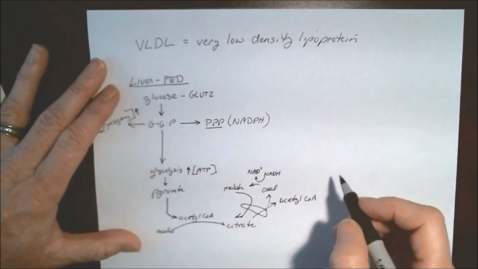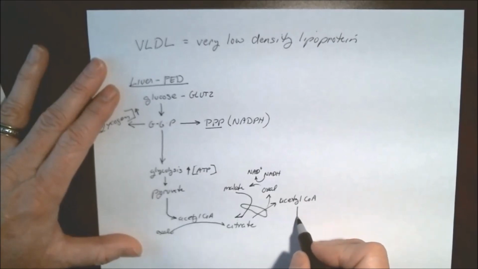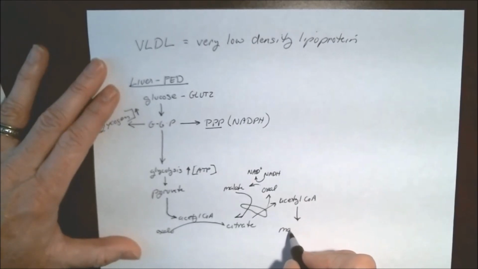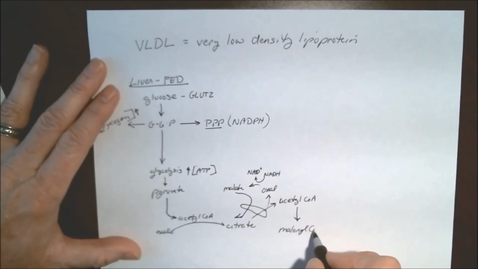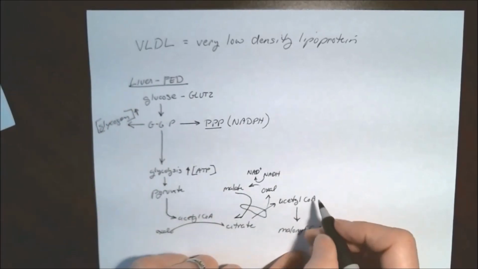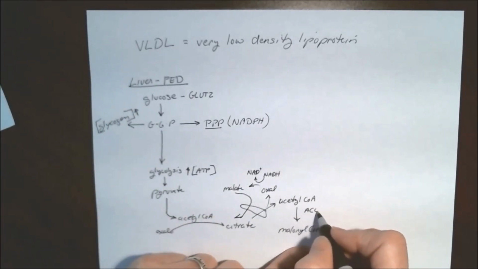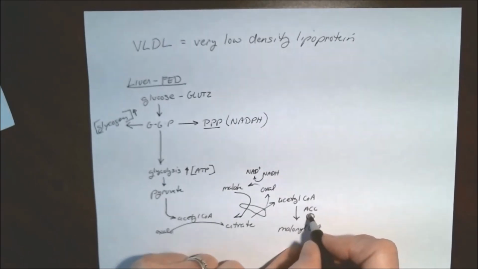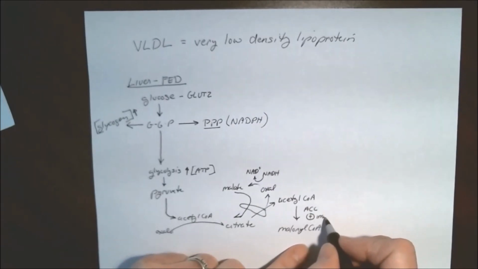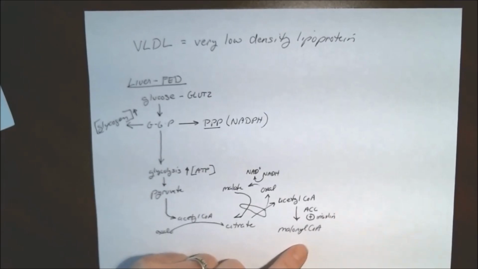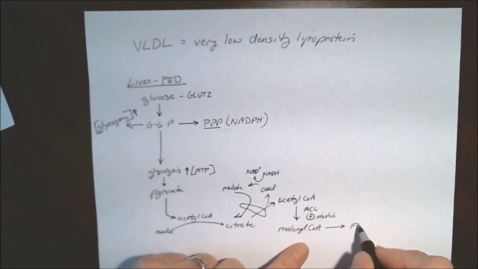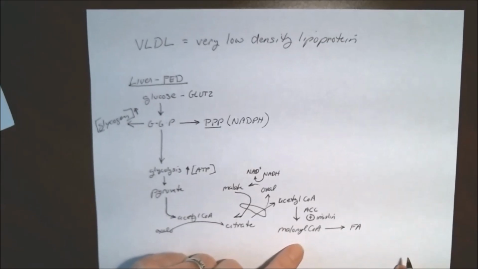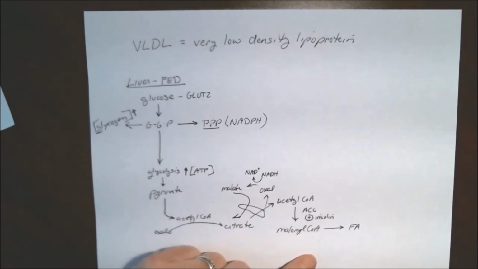Now the acetyl-CoA is going to be converted to malonyl-CoA, because recall that the enzyme acetyl-CoA carboxylase is now under stimulation conditions because we have insulin signaling. And so the malonyl-CoA will be our primary substrate to form fatty acids.